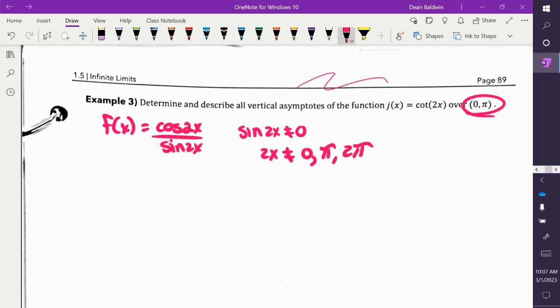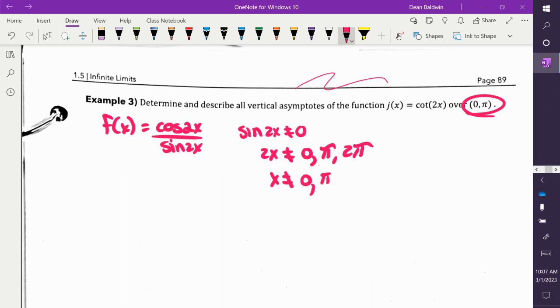Do you remember? This is trig 1 or 2, I don't remember which. We have a b value. Is everybody with me so far? Okay, I'm solving for x. I don't want 2x, so what do I do? You divide everything by 2. So what does x give me? 0 over 2 is 0.